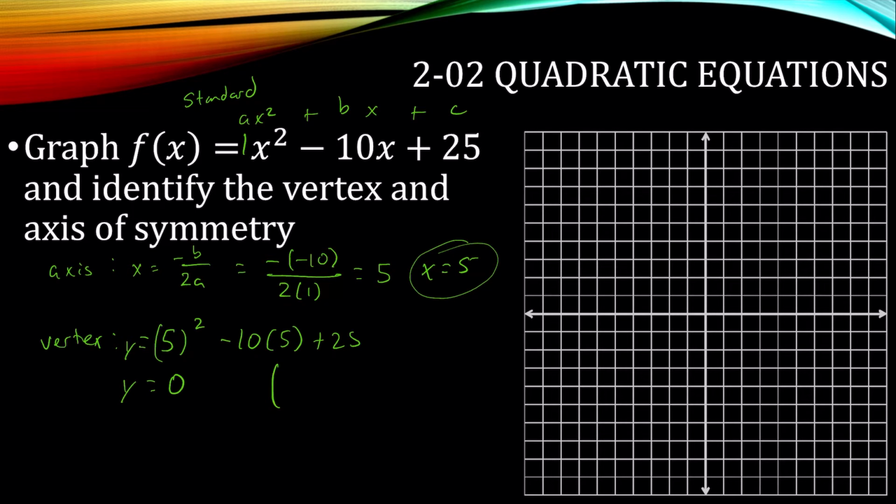So our vertex is the axis of symmetry for the x, 0 for the y. So there's our vertex, (5, 0). The axis of symmetry goes through there. The rest of it, we have to make a table. So let's make a table.